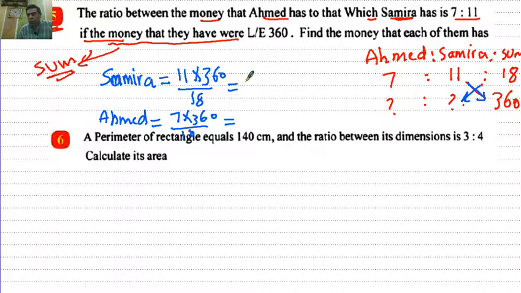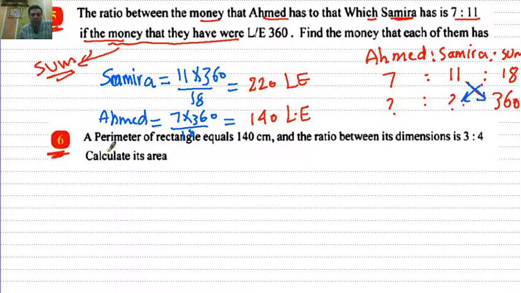Samira equals 220 LE. Ahmed equals 140 LE. To be sure, if you find the sum of 140 and 220, it equals 360. If you make a ratio between them, the ratio equals 7 to 11. That is the right answer.